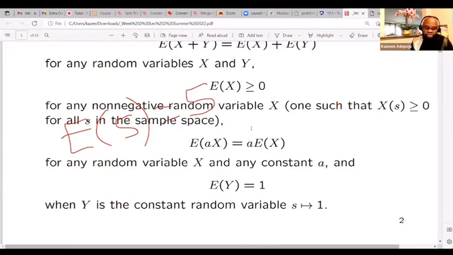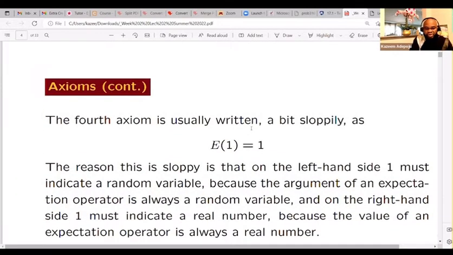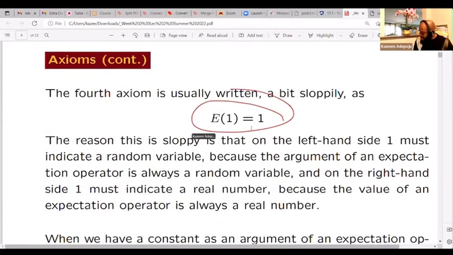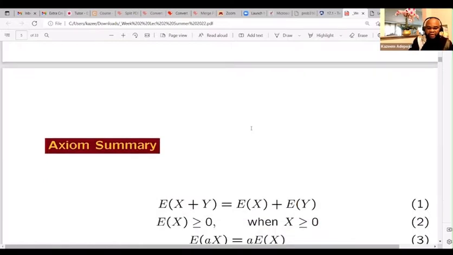It's just like you put $5 in your pocket now, provided that no external force acts on that, you're still going to save $5 in 5 years. Which means the expected value of a constant would remain a constant. Expected value of 1 is going to be 1. The reason being that the expected value of a constant is always going to remain a constant.